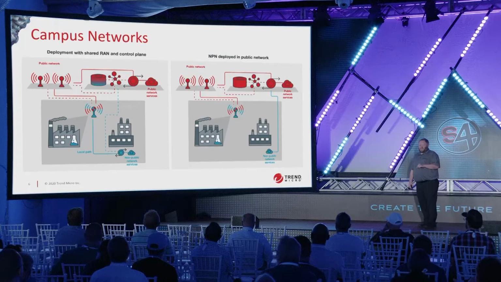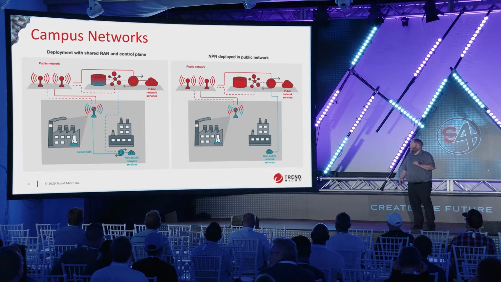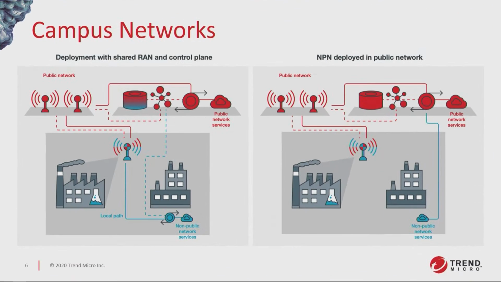You have essentially the same type of situation, except you don't have a control plane that you manage. You allow the cellular network, the telco, to manage the control plane. So it's just one less thing that you have to manage, but all of your data is still on premises.